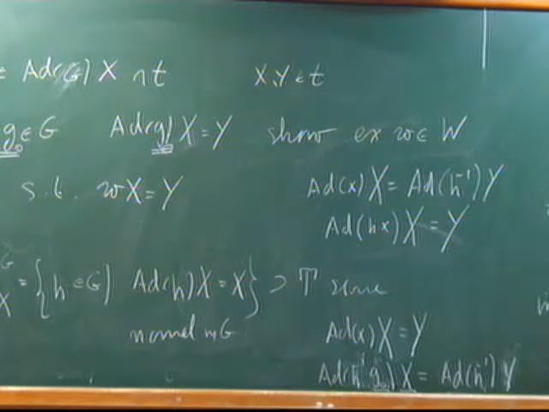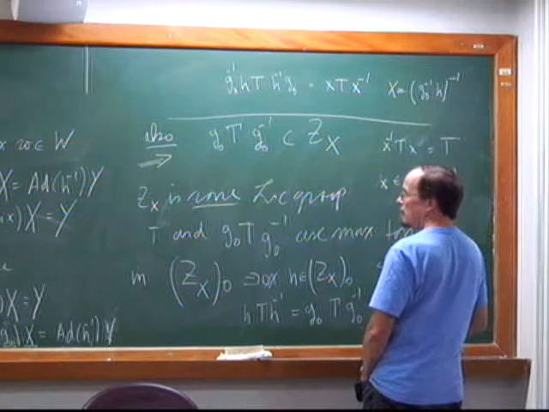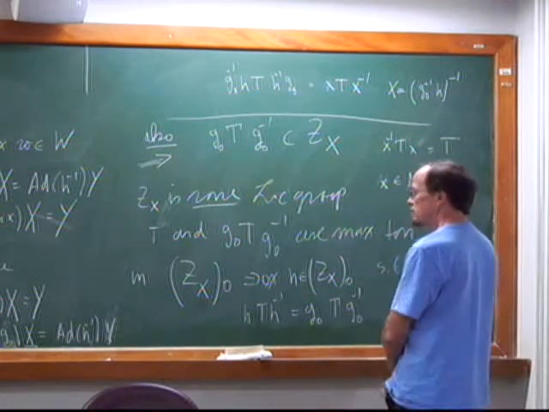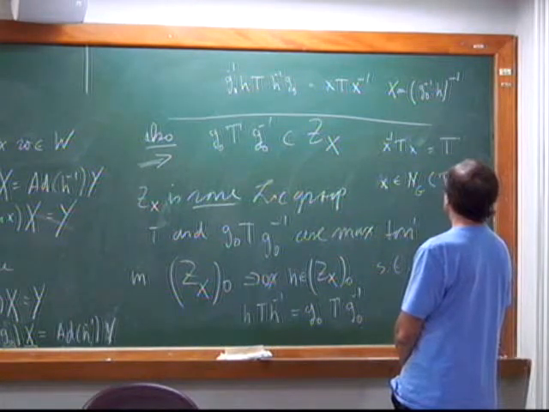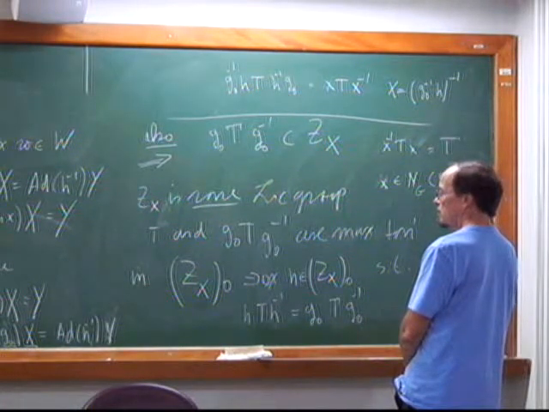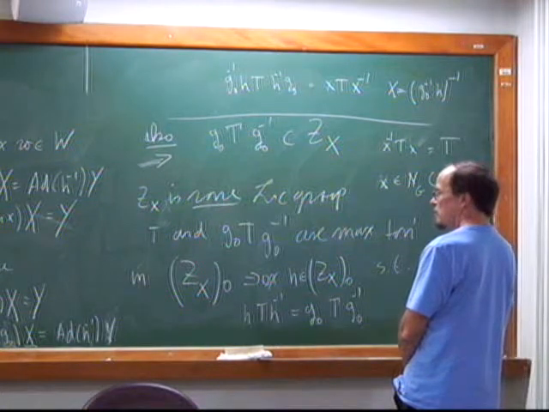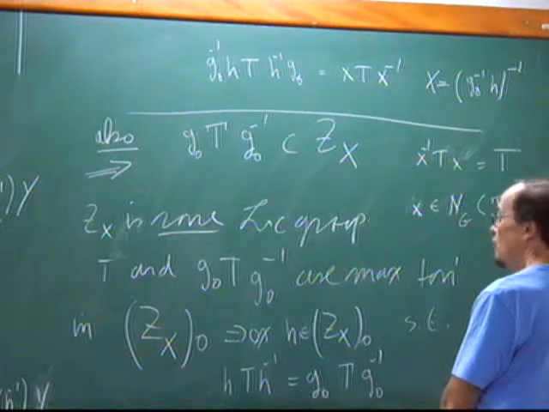Hx is G0 inverse h. Did I want it on the other side after all? I want to claim that hx lies in the normalizer of T.